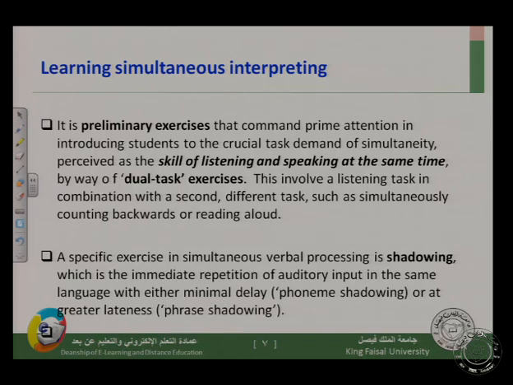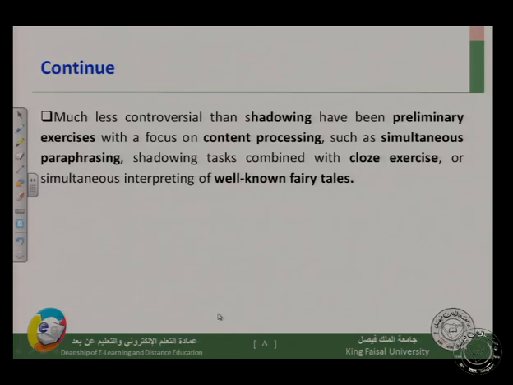And when you practice listening and speaking that well, and when you practice the shadowing process, then hopefully you will be able to interpret these things. So shadowing is really used to repeat the content of the message.